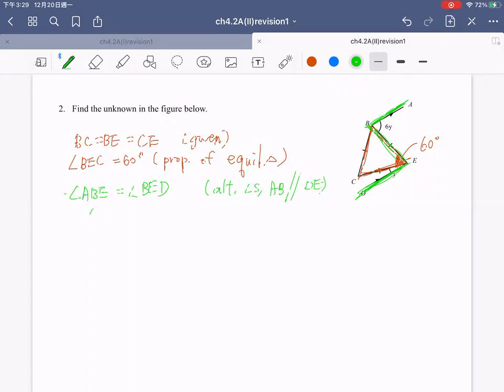So 6y is 60 plus y. So we have 6y minus y gives you 60 degrees. So we have 5y is 60 degrees. So y is 12 degrees. Okay.